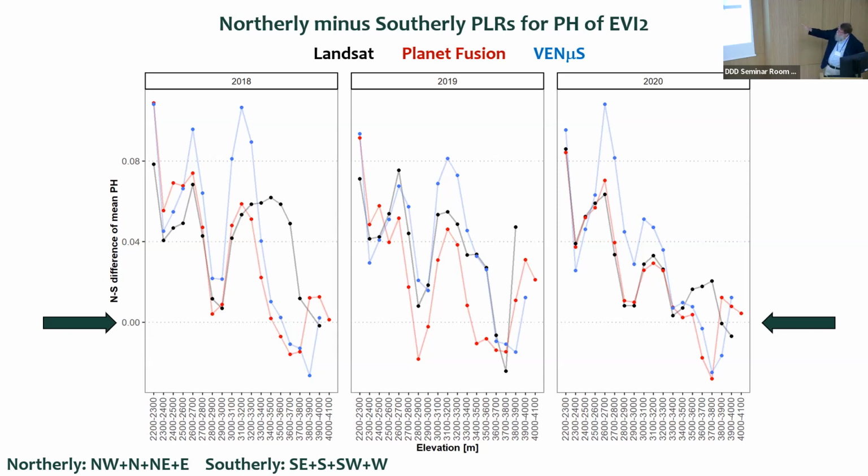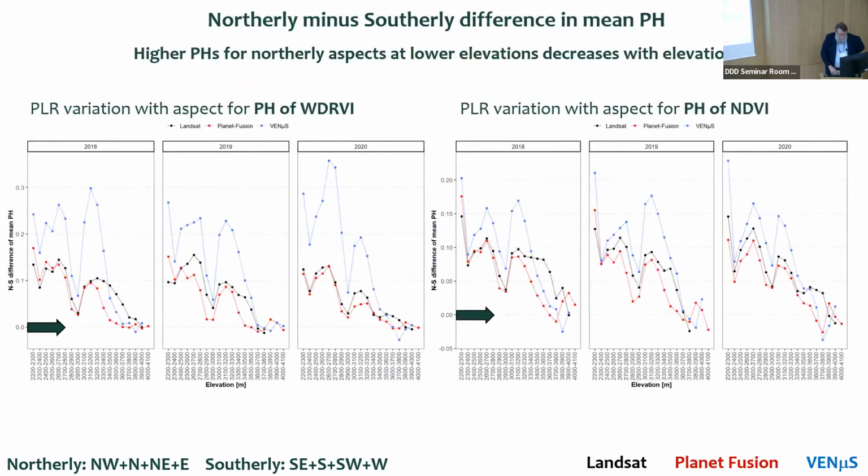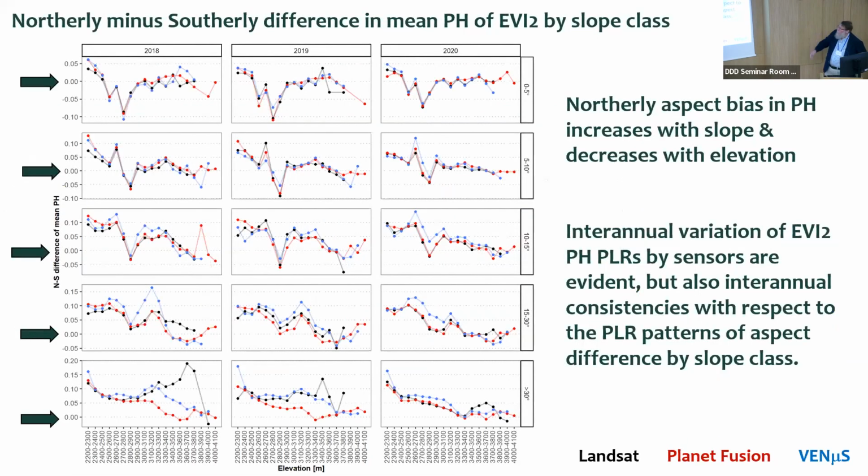As we look year to year and sensor to sensor, it's basically the same kind of results, the same sort of thing that we see for the other vegetation indices. Now let's look at slope and aspect together. So the y-axes are looking at that aspect difference, and then we're broken down from 0 to 5, 5 to 10, 10 to 15, 15 to 30, and greater than 30 degrees slope.